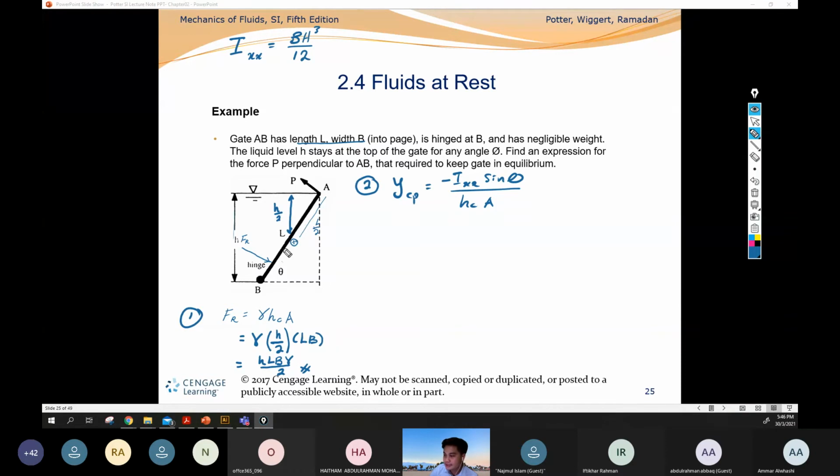Where is the y-axis, where is the x-axis? Remember, the y-axis is always parallel to the plane. So for this case, this is the y-axis.